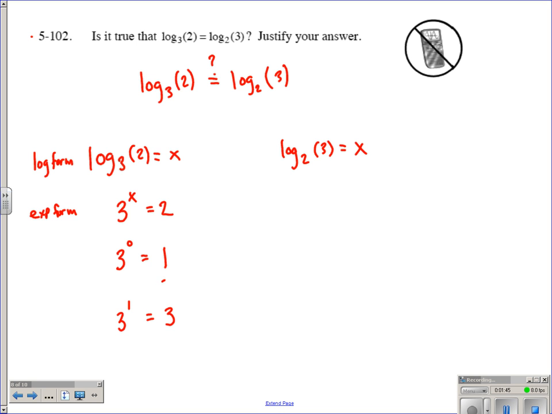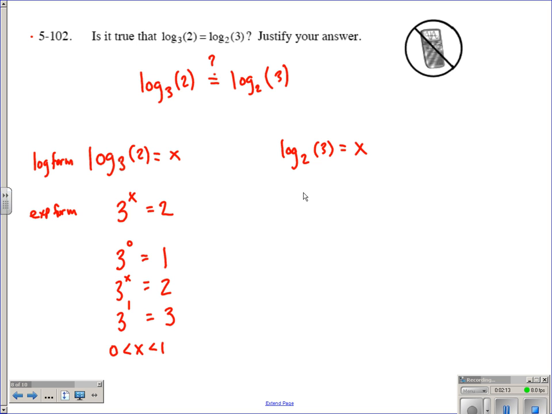So in order to end up equaling 2, my value of x has got to be between 0 and 1. So right now we know that x is less than 1, but it's greater than 0.